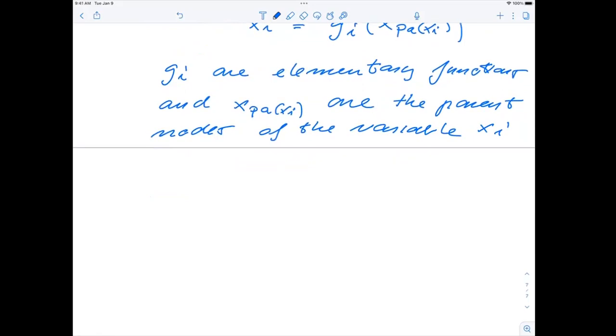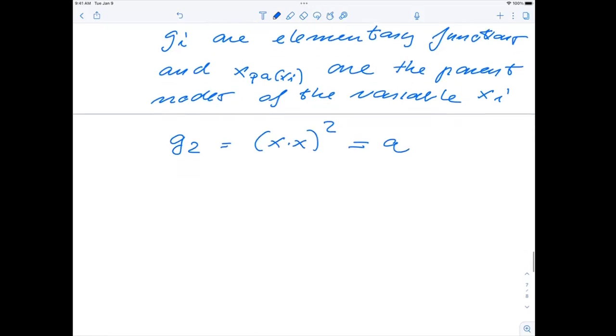So if we now look at these functions here, we could have a g2, which was simply equal to x times x squared, and that defined this a. Then we had this function g3, which is the same as the exponential. Sorry, not the exponential. And that takes this one in as argument. And that gave us this variable b.